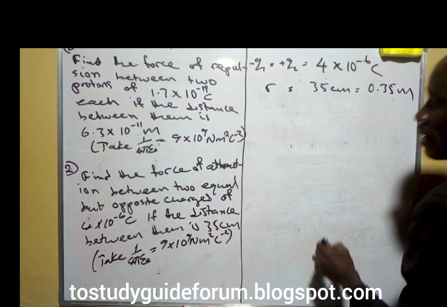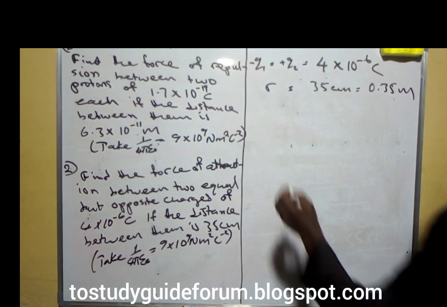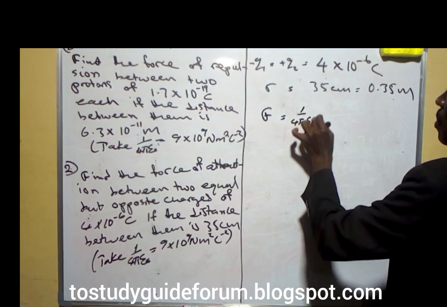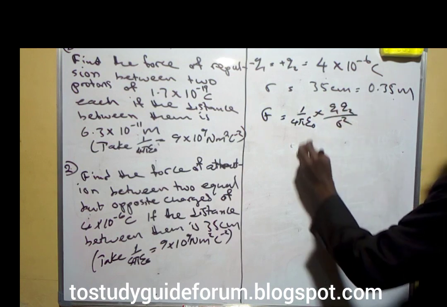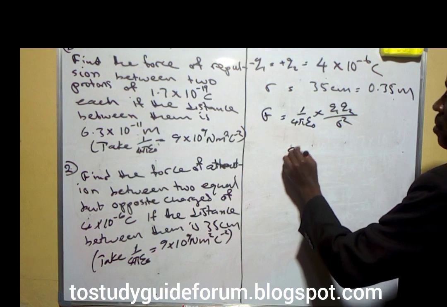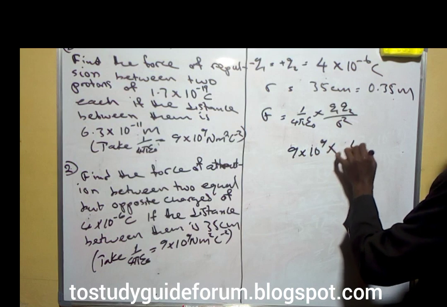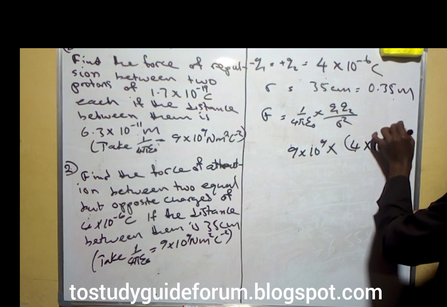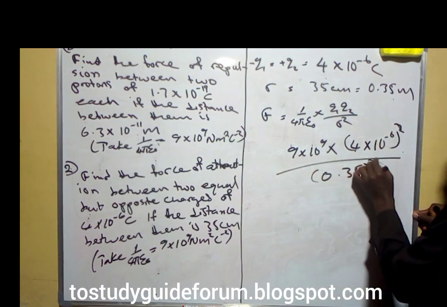So then using our formula again, we'll have force is equal to 9 times 10 to the power 9 times the charges squared, all over 0.35 all squared.